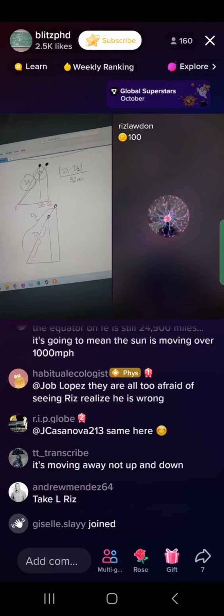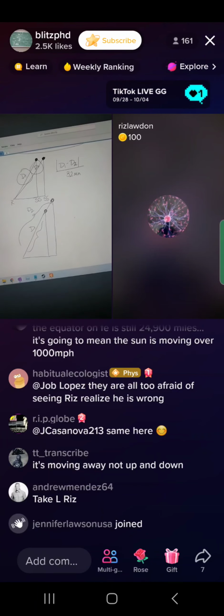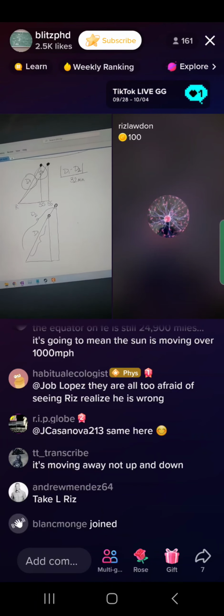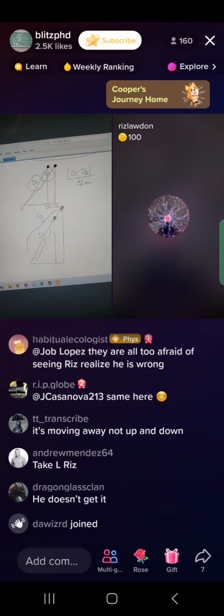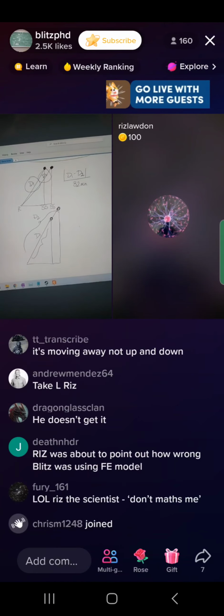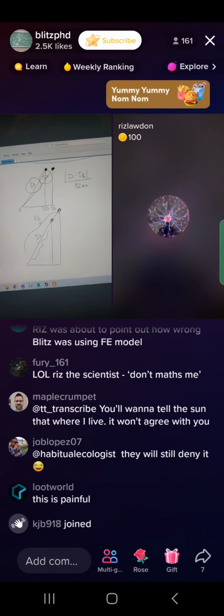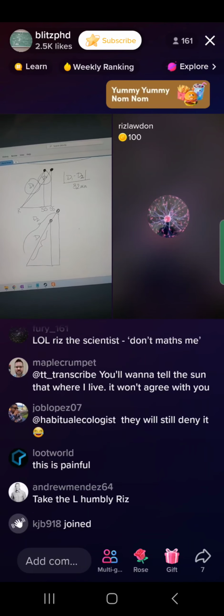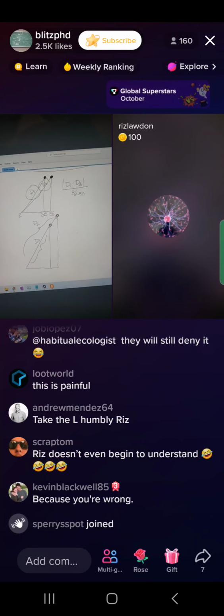One of the key things here is the distance from the subsolar point. Why did I calculate 250 miles an hour for both of them while you're calculating 1,000 miles an hour? That's what I'm trying to work out.